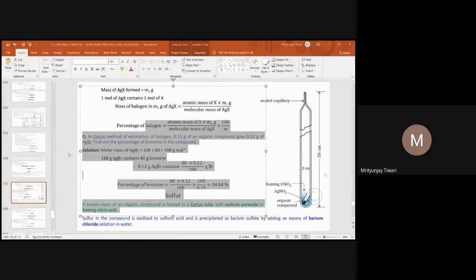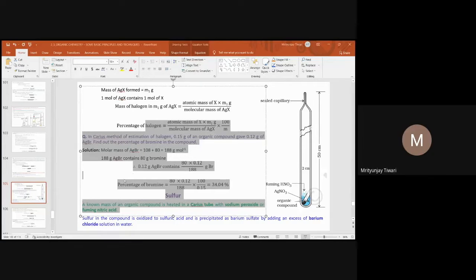Therefore, 1 gram of silver bromide contains 80 divided by 188 gram of bromine, and thus 0.12 gram of silver bromide, which we obtained from this organic compound, will contain 80 divided by 188 into 0.12 gram of bromine.